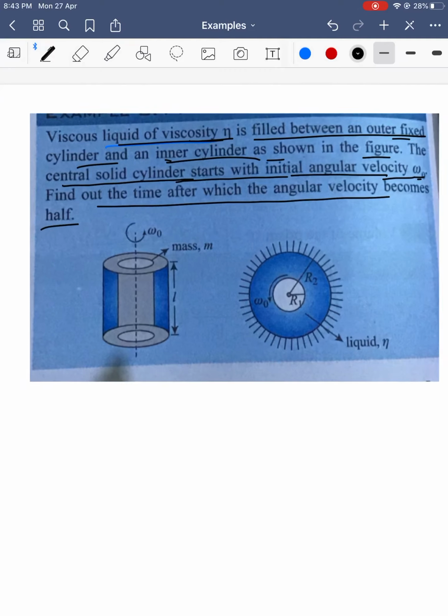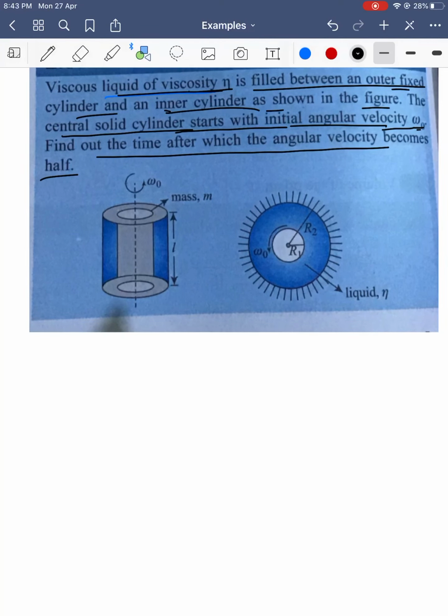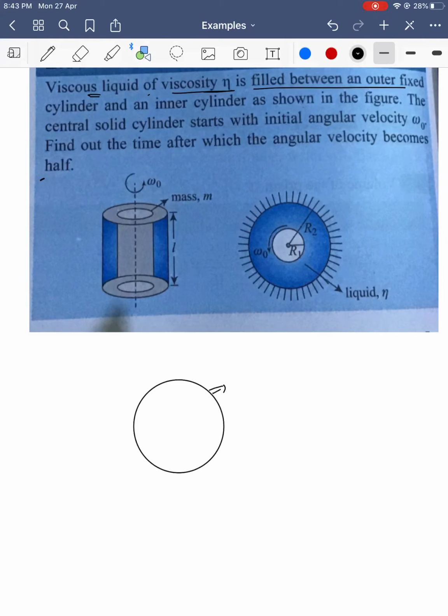This is a very important model, listen carefully. A viscous liquid of viscosity nu is filled between an outer fixed cylinder and an inner cylinder. Outer fixed cylinder means velocity is equal to 0 at the outer layer.